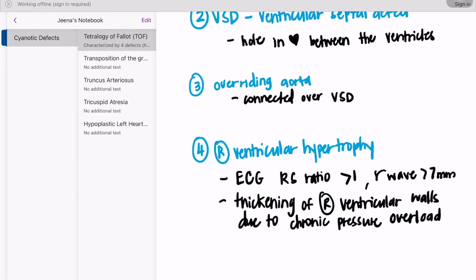Now, how do you treat this? So, let's go over the treatment now. So this is surgical, definitely surgical. But prior to the surgery, you're gonna treat them with propranolol. You're gonna be careful with your use of oxygen.